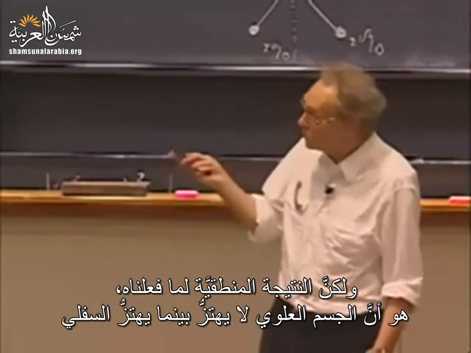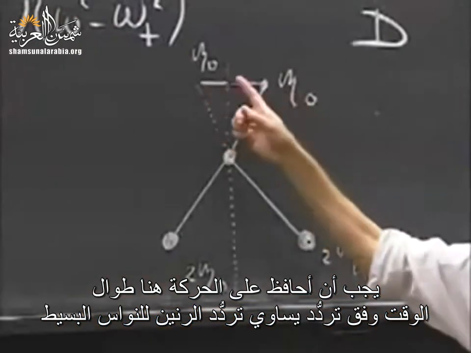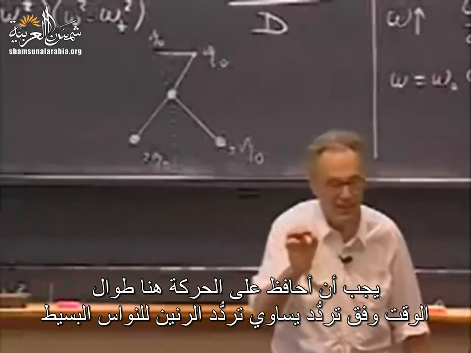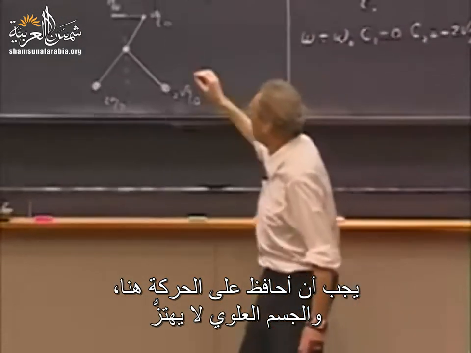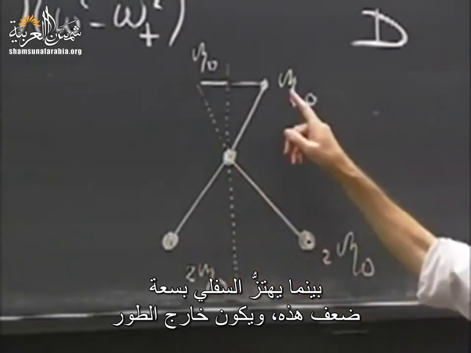But the logical consequence of what we did is that this one will stand still and the other one will still oscillate and be driven by my hand. I have to keep moving this, otherwise this will go to pieces. I must keep doing this all the time at that frequency, which is exactly the resonance frequency of a single pendulum. It is that omega 0. I must keep doing this, and this one does nothing, and this one has double the swing of this and is out of phase.